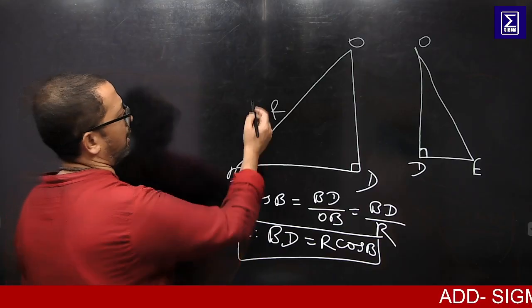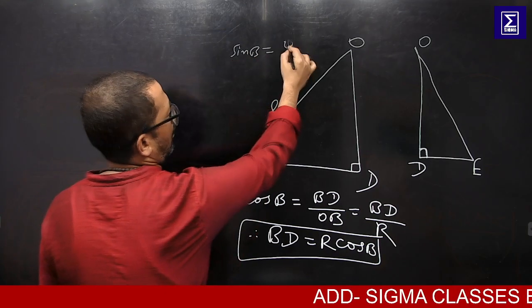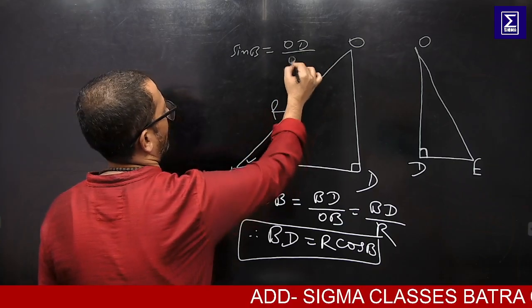What is OD? OD will be sine B is equal to OD upon OB.